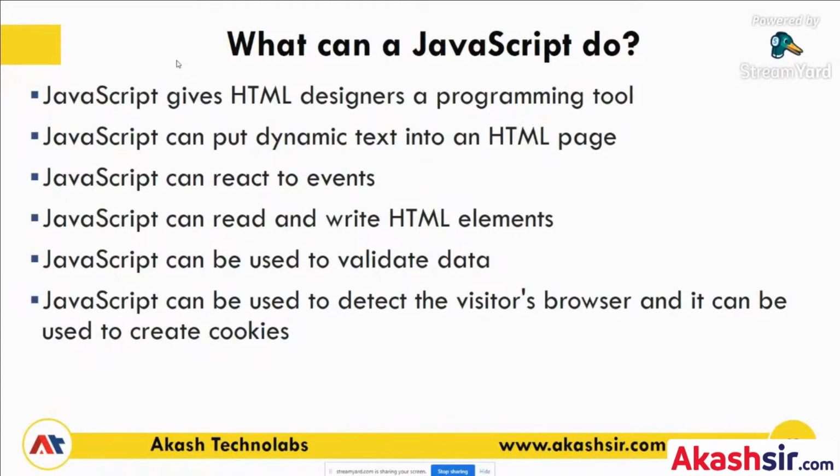JavaScript can also be used to detect the visitor's browser, and it can be used to create a cookie. So what is a cookie? A cookie is a small file which stores your data in your browser.